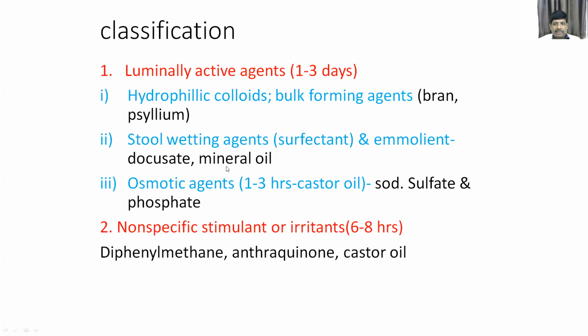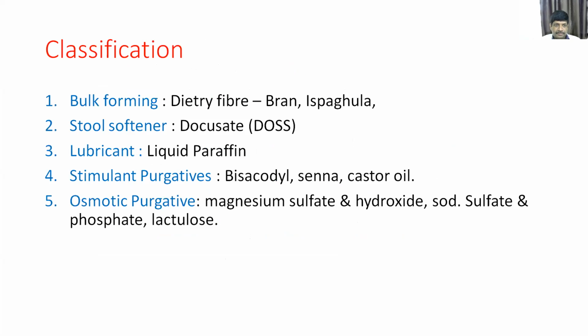A question may come like, if a particular drug is kept, castor oil, and you are asked to write the group of drug to which this drug belongs, you have to write that this is a non-specific stimulant or irritant. Likewise, other classifications are bulk forming agent, stool softener, lubricant, stimulant purgative bisacodyl, and osmotic purgative.